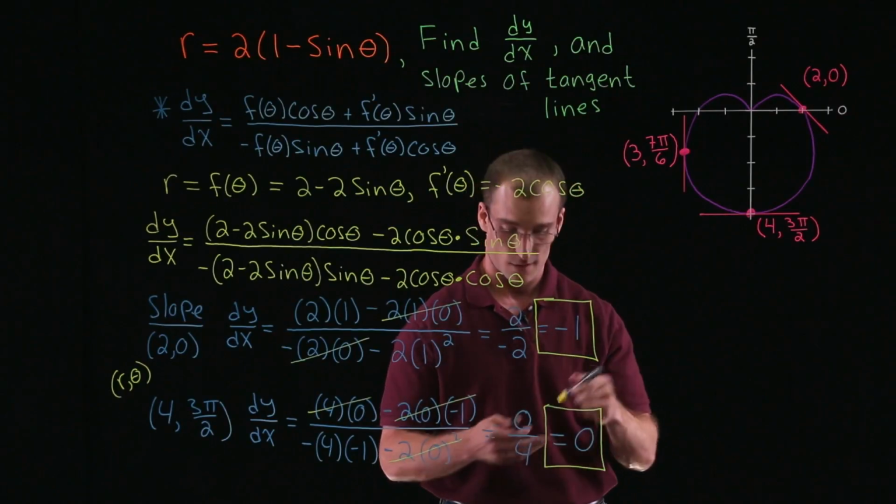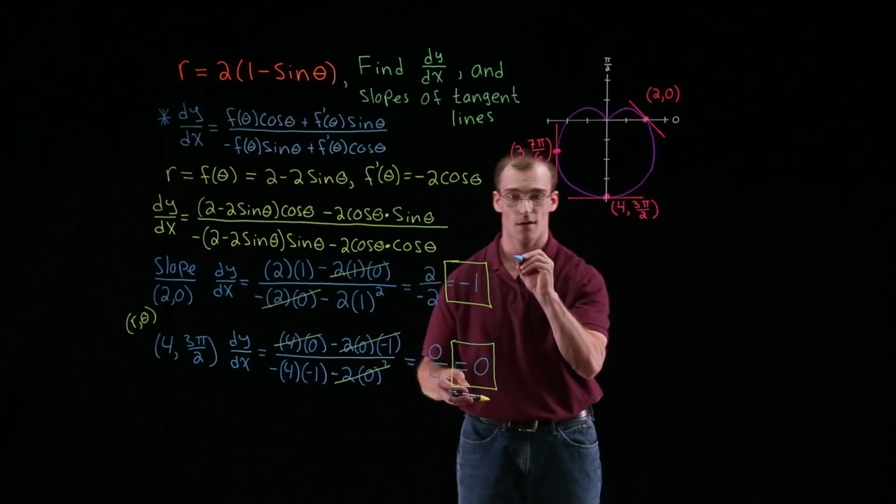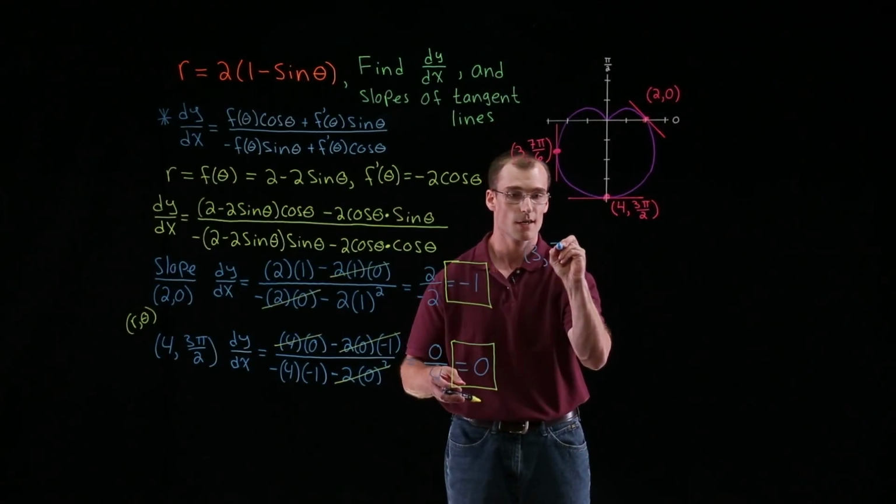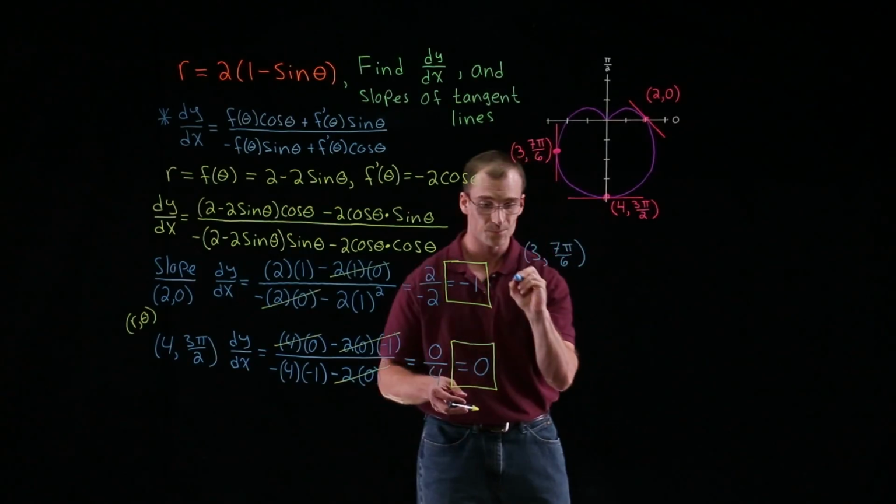Now let's do the last one. So we have our point at r is 3, theta is, say, 7 pi over 6.